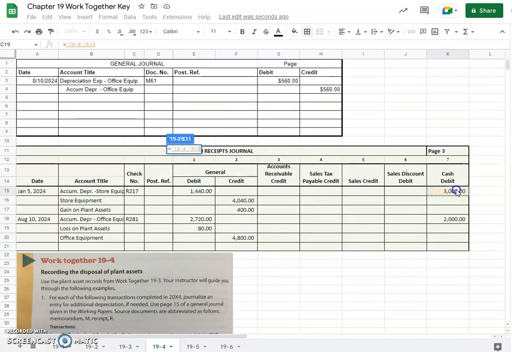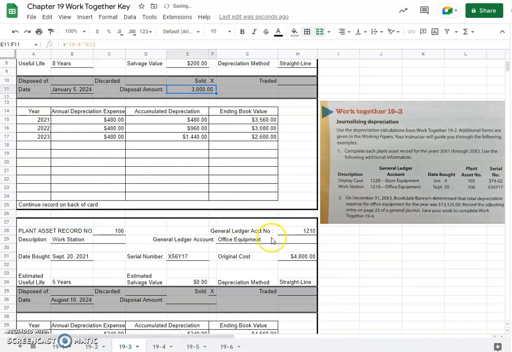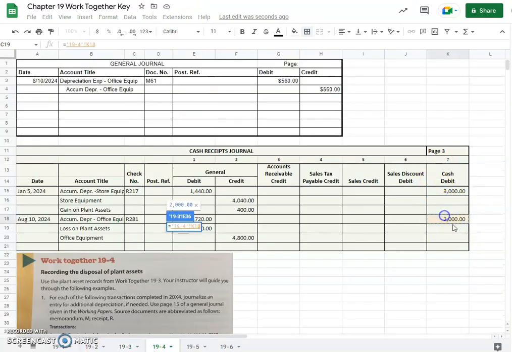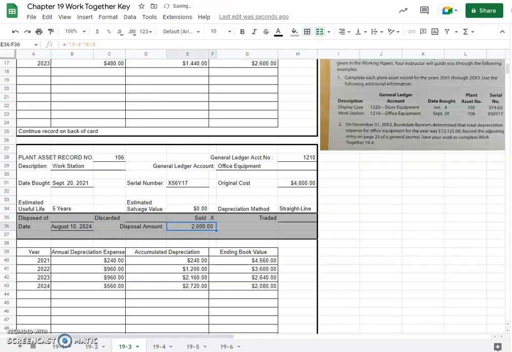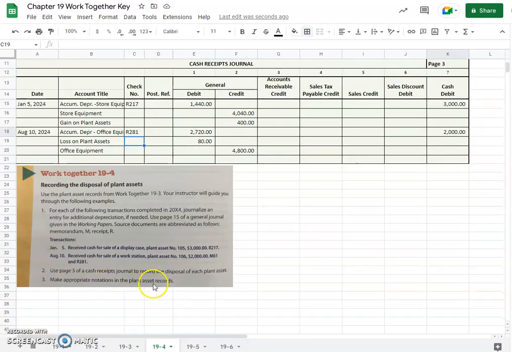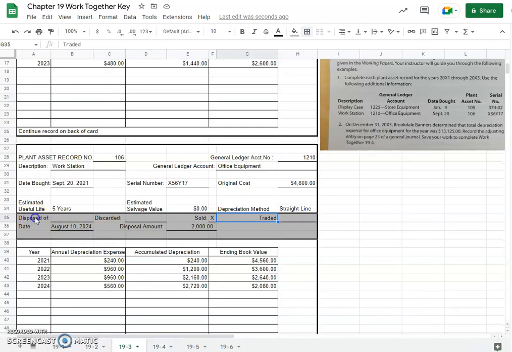We got $3,000 on the first one and $2,000 on the other, right? Yes. So that would be the end of making appropriate notations in the plant asset records. We have shown that they were disposed of and on what date.